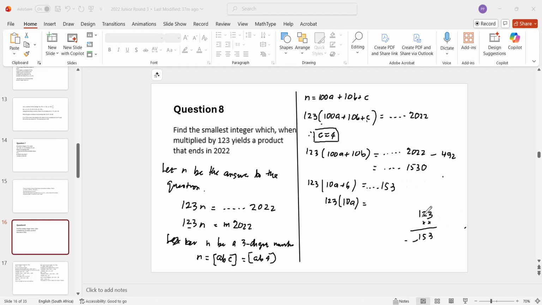Now, 123 times what gives you this? If it ends in 3, it means that this number is b, by the way. 10a plus b, a and b here. This is 123 times a 2-digit number, 10a plus b. 3 times b ends in 3, so b must be equal to 1.